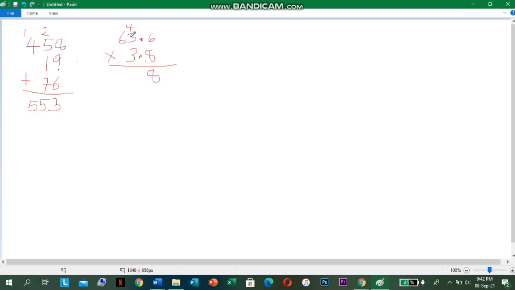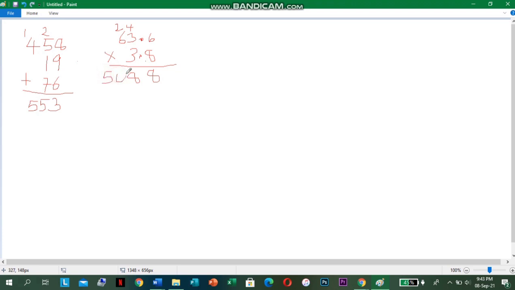We add this 4 to the 24 and we get what? 28. Beautiful. All right, so we're going to put down our 8 and carry our 2. All right, so we say 8 times 6 gives us 48 plus this 2 gives us 50.